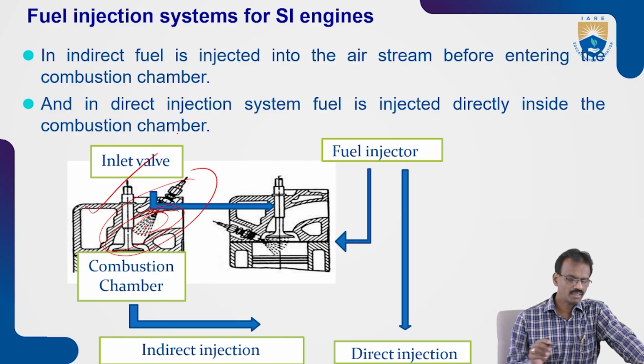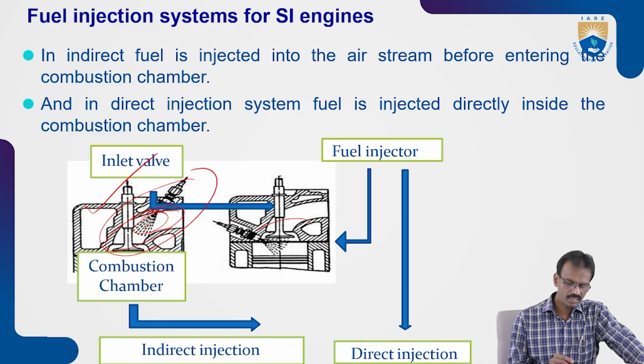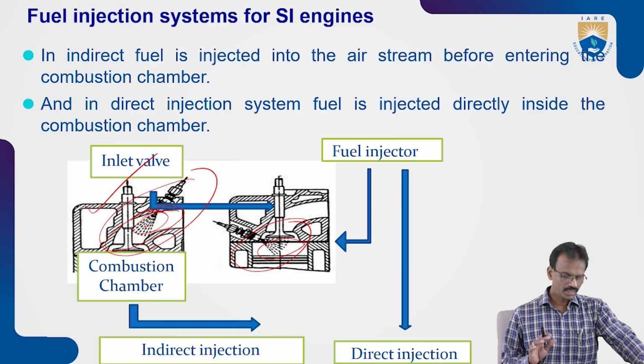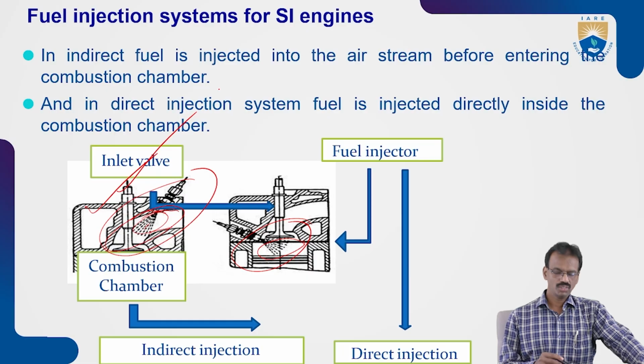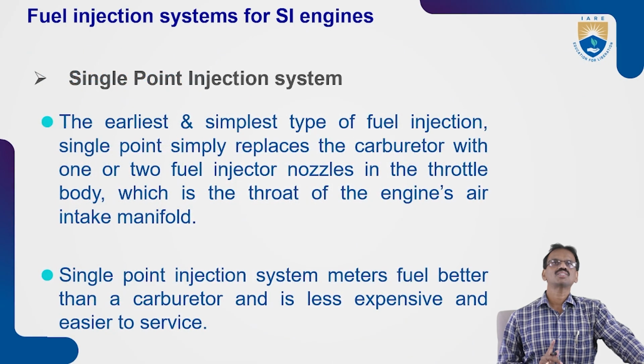So this is the indirect injection system of fuels. And this is the direct injection system, in which the air-fuel mixture is injected directly into the combustion chamber, directly into the cylinder. So this one is indirect, this one is direct. We'll see the single point injection system, and what the multi-point injection systems are also.